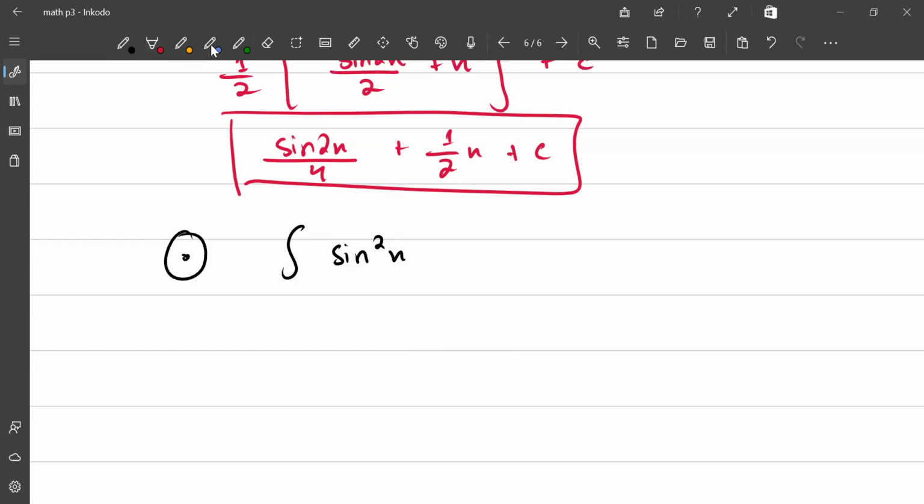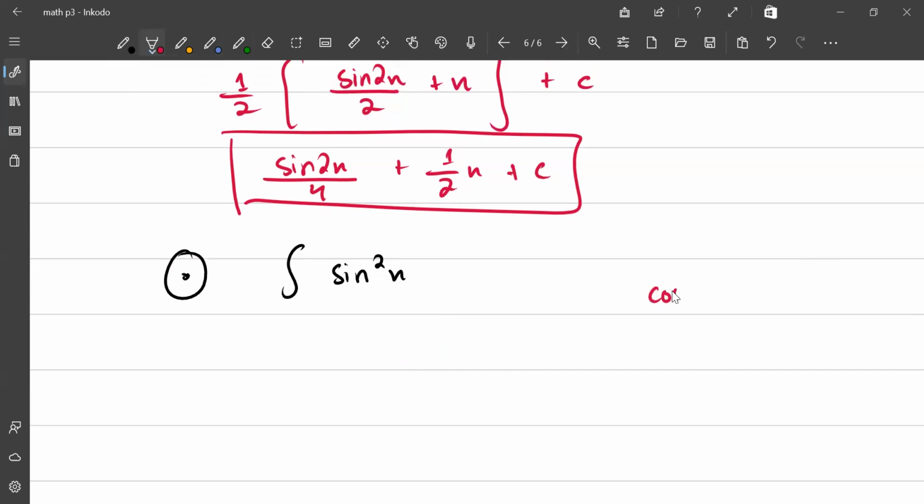You know that cos 2x is equal to cos square x minus sine square x, or in other words, it is 1 minus 2 sine square x.